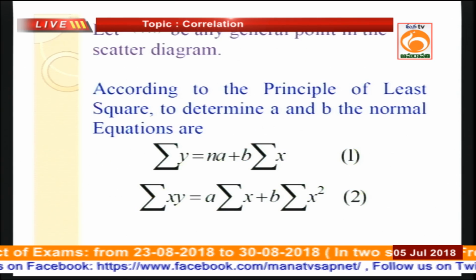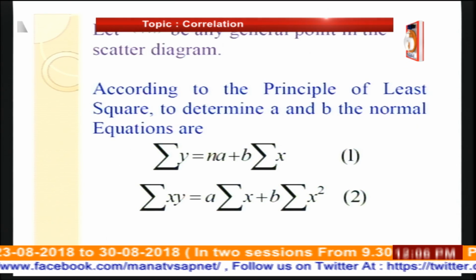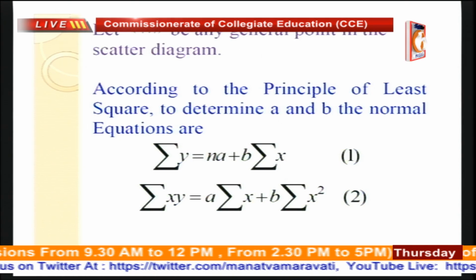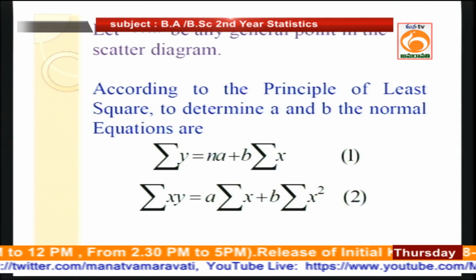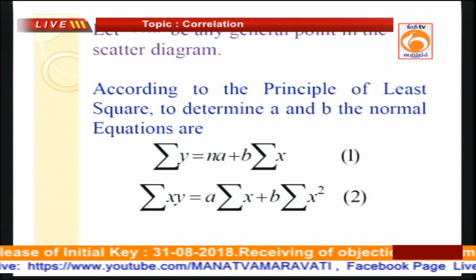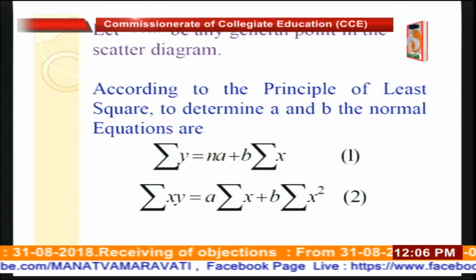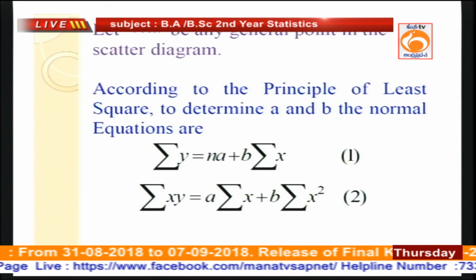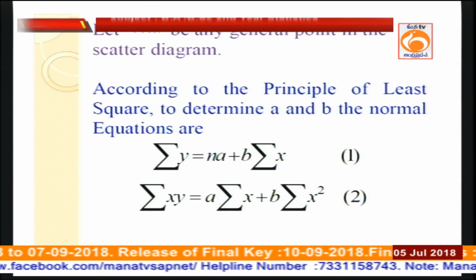According to the principle of least squares, to determine a and b, we derive these normal equations with the help of the Legendre principle. The first normal equation is summation y = na + b summation x, to estimate the a value and b value.